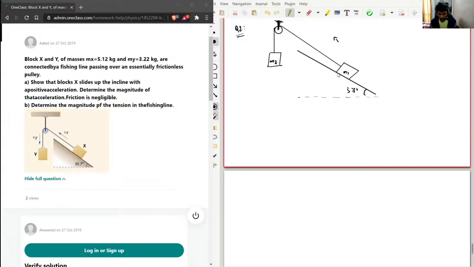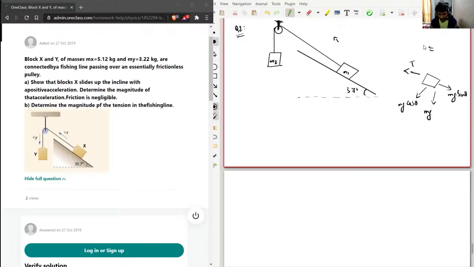Now I'll draw a free body diagram for this block. For this block, tension on the string is on this side. This is mg, the weight of the block, and this will be mg cos theta, and this will be mg sin theta.